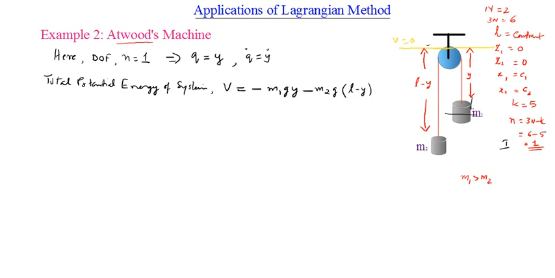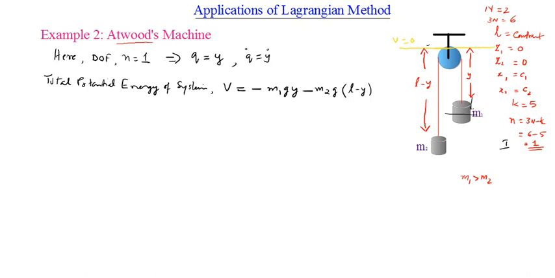I have fixed the 0 of the reference level above the masses. So the potential energy of the masses below the reference level will be taken as negative. It's always good that you fix the 0 of the reference level at some fixed point. Can you fix the 0 of the reference level at m1? Better not. Why?